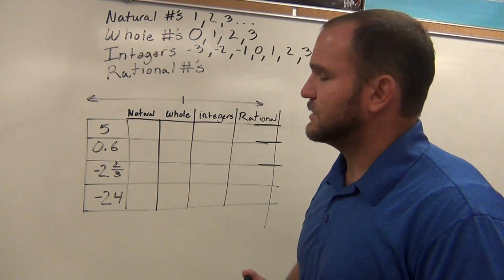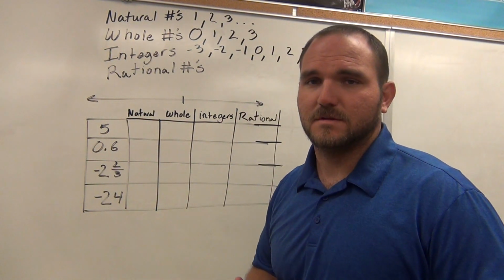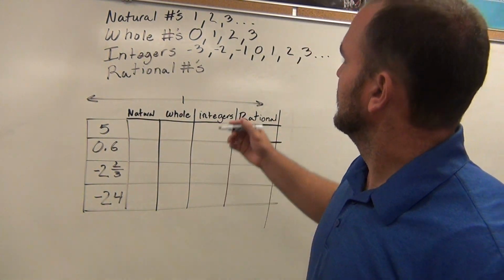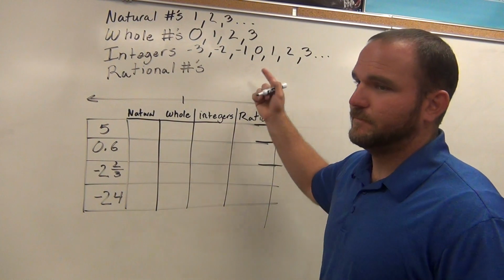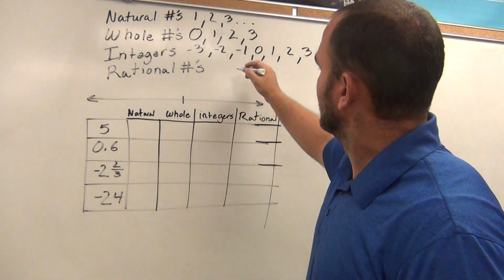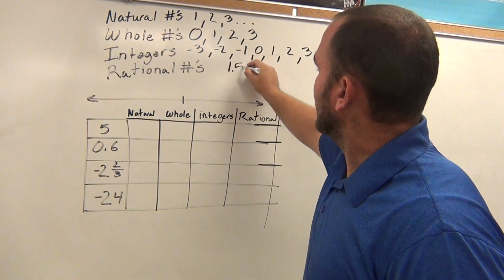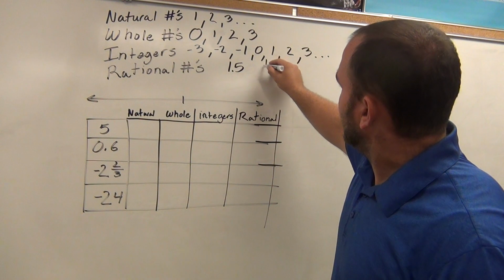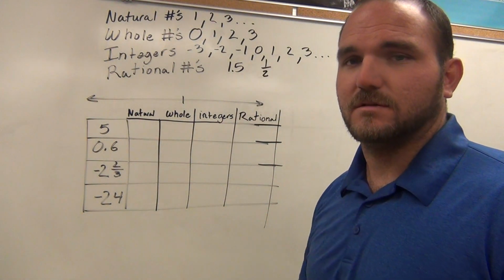Now we're going to talk about rational numbers. Rational numbers, these do include your decimals. So instead of writing all these out again, I'm going to just show you an example of what I would think of as a rational number. So 1.5, that would be a rational number. Even a fraction is now a rational number.